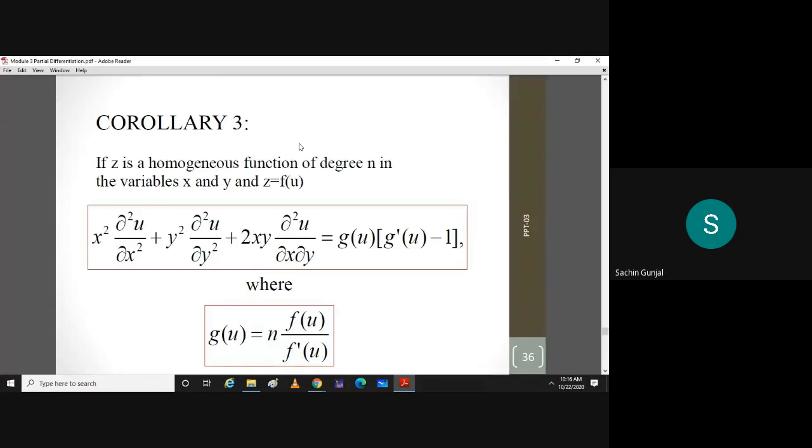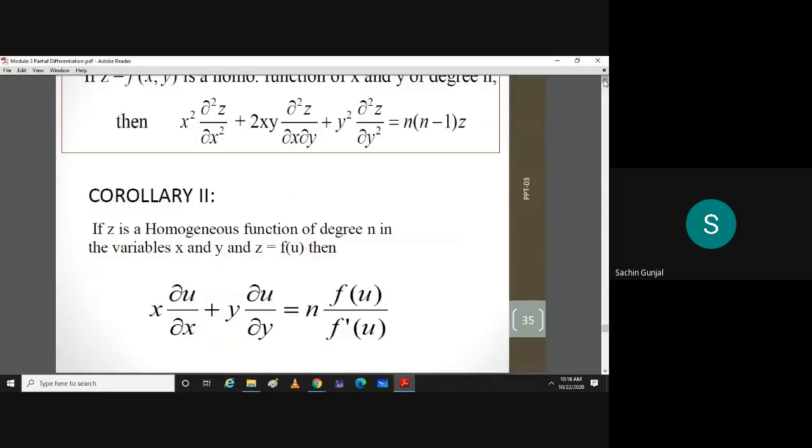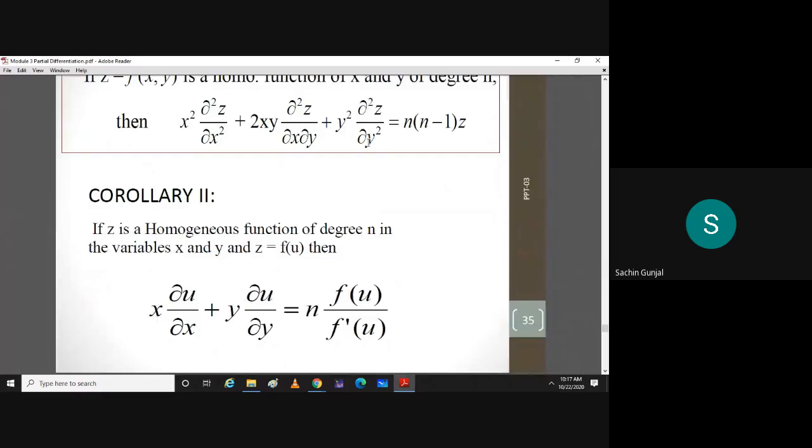Sir, on the right hand side of the statement, why is it g of u into g dash u minus 1, whereas before we had n into n minus 1? Here, z is equal to that function which is homogeneous.